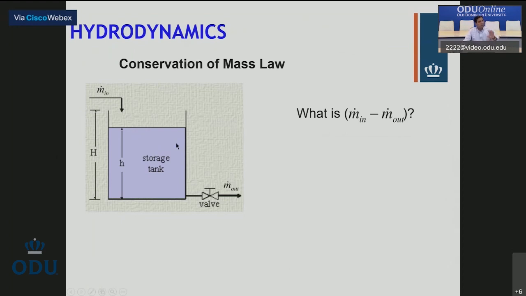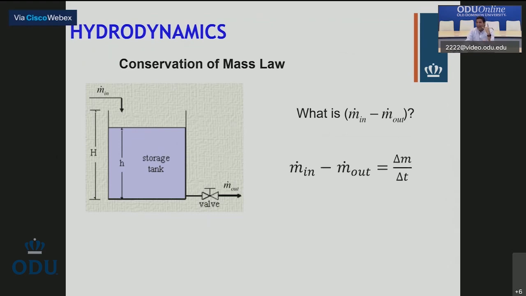The amount of liquid, water in this case, remains the same. The only way to change it is by making these two different. If I make this larger, it increases. If I make this one larger, it reduces.